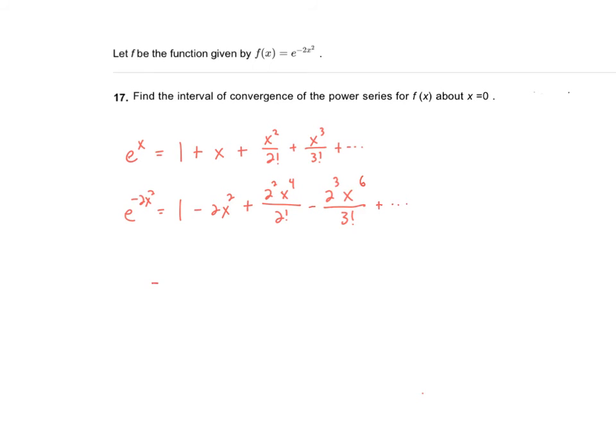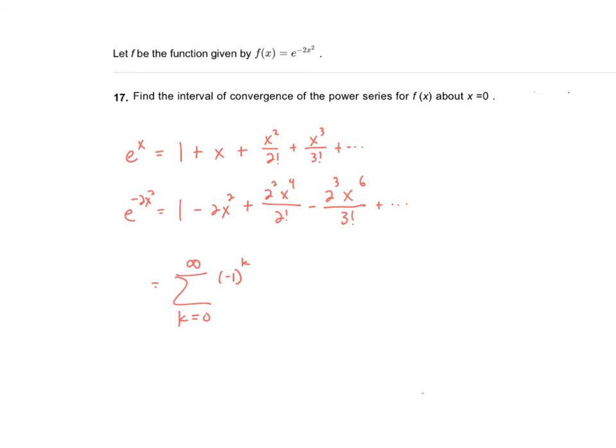Okay. And now we need to write this as a series before we can find the interval of convergence, so that we can do the ratio test. This will be k equals 0 to infinity. We know we're going to have a negative 1 to the k, since the first term is positive.